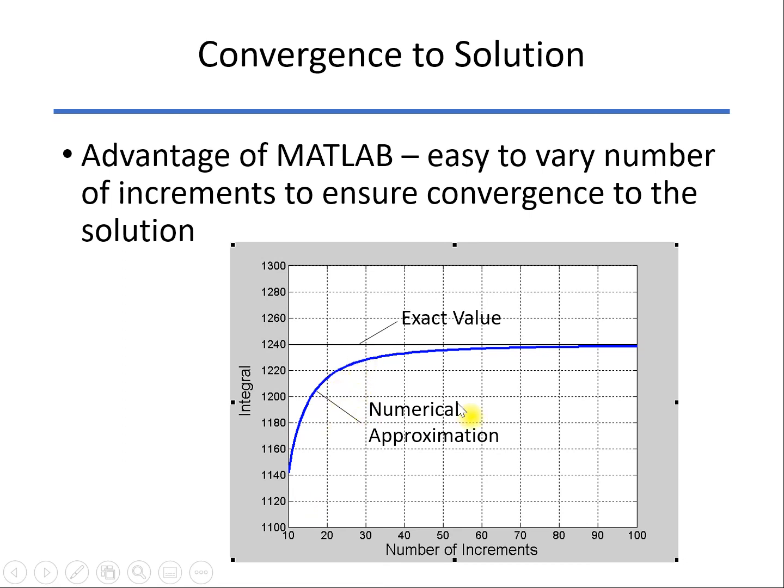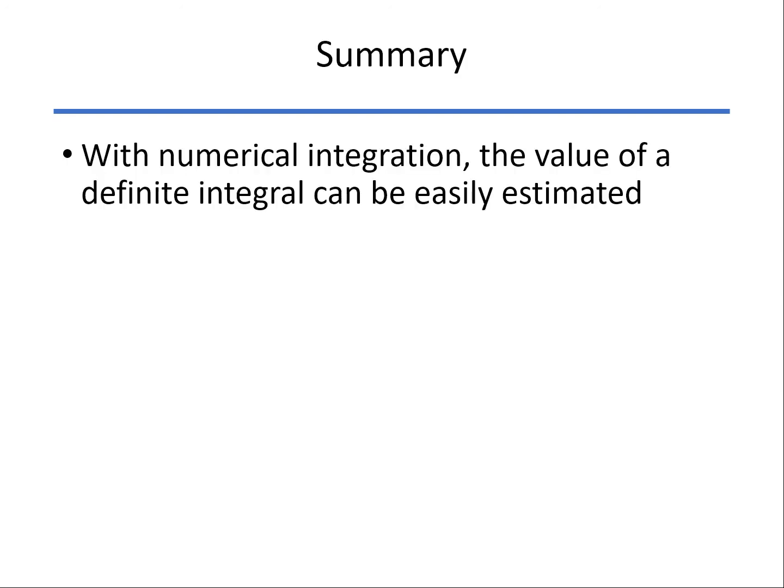But if we run subsequent analyses where I use more and more increments, when I get out here to 80, 100, even to 1,000, you'll see that the value is not changing much when we use more and more intervals. And so in that case, with MATLAB, it's easy to keep changing the number of increments until we see that we are converging.